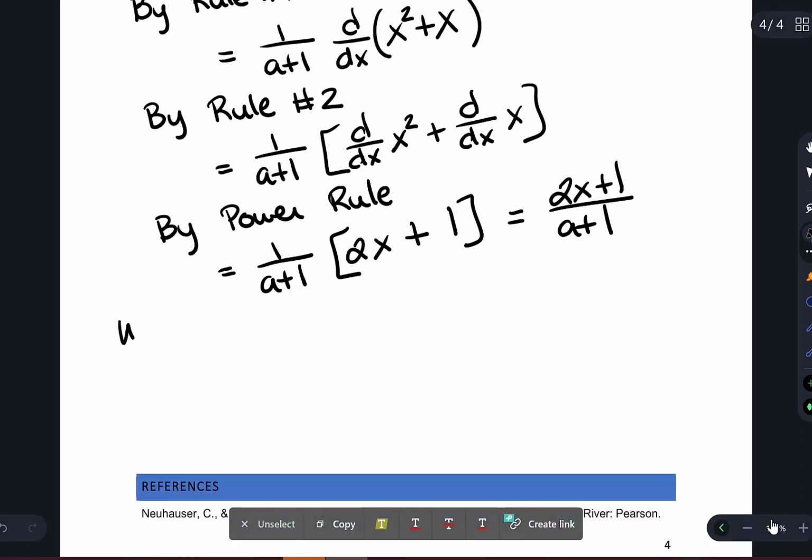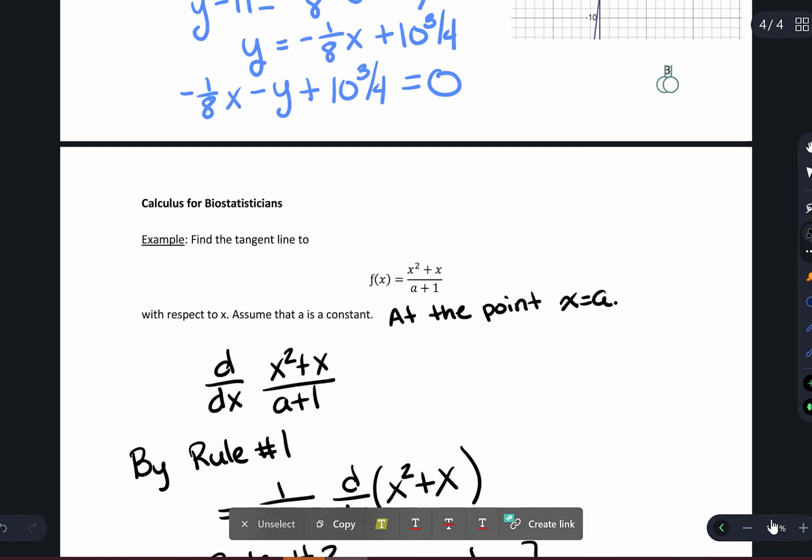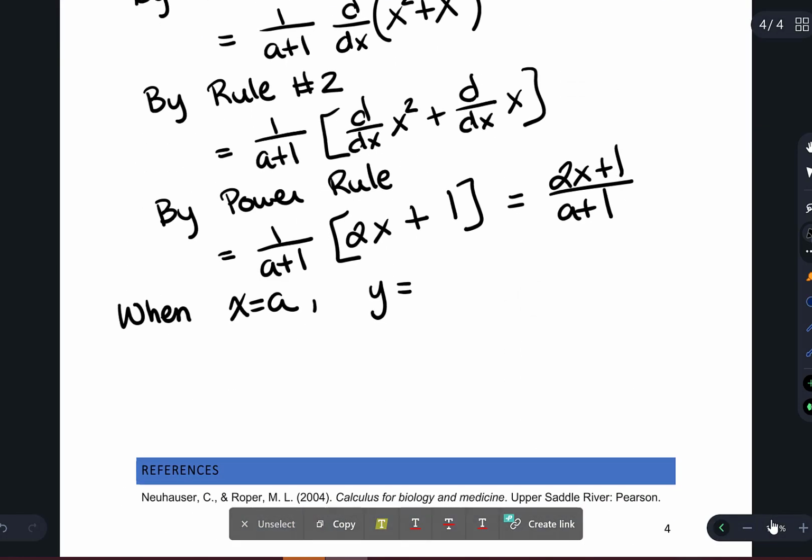And so when x is equal to a, because remember that's the point that we're interested in finding the tangent line at, we need to both find what y is equal to and what the derivative is equal to when x is equal to a. So notice that y, in other words, I'm just evaluating our original function, is going to be equal to a times a plus 1 over a plus 1, which is equal to a.